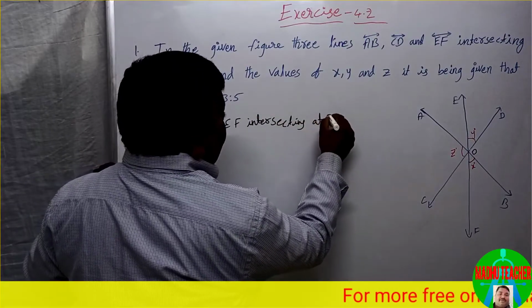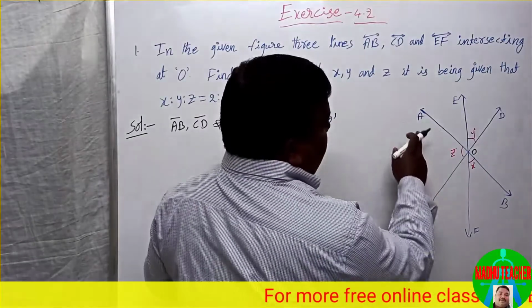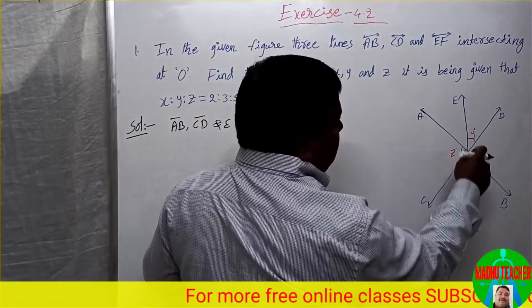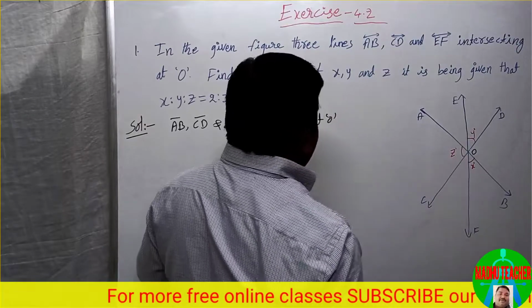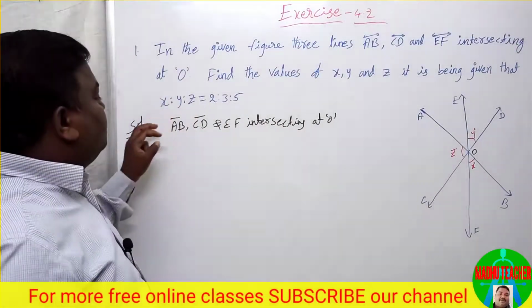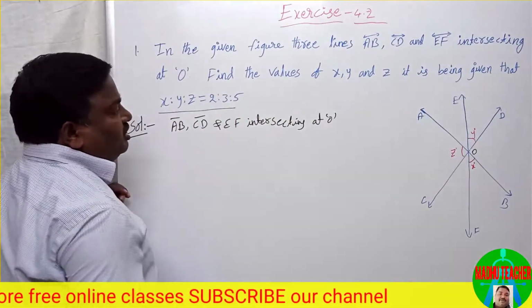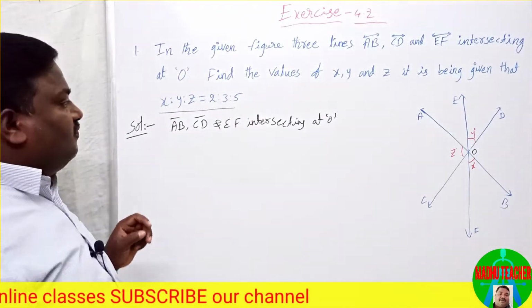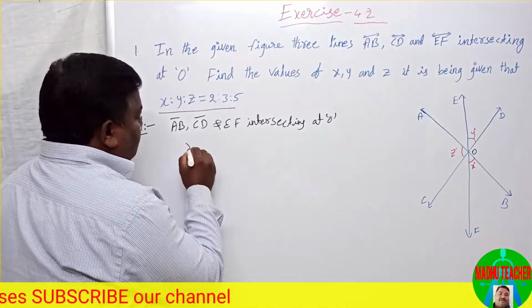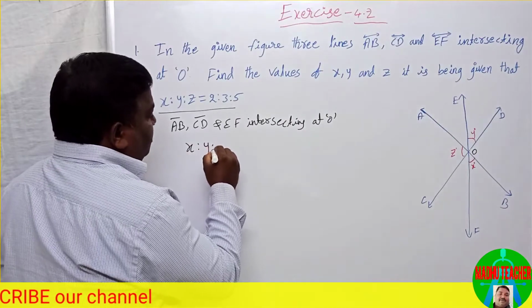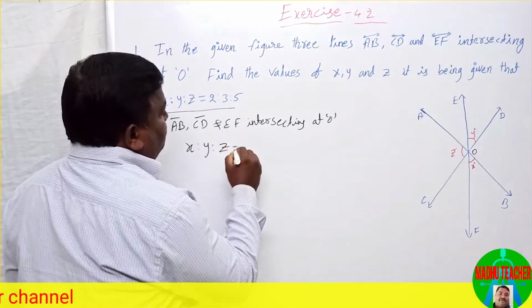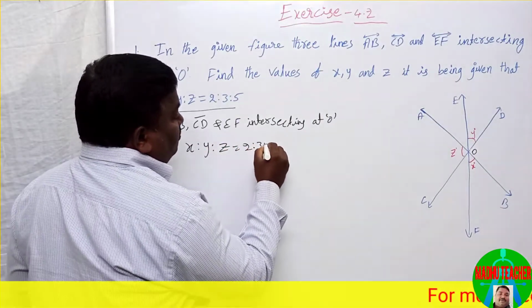By intersecting, these three lines form three angles, and the ratio of the angles is given: angle X to angle Y to angle Z equal to 2 is to 3 is to 5.